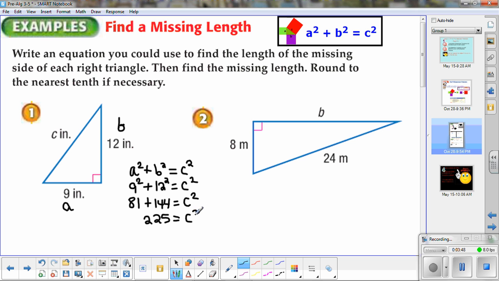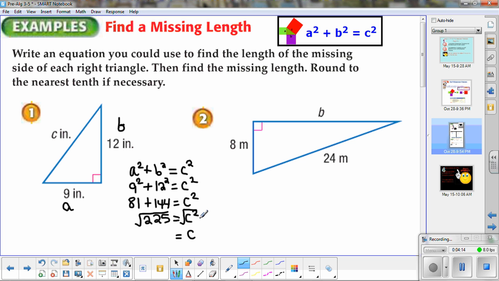Now, if I want to solve this equation for c, we want to undo the squaring. And to undo squaring, you want to take the square root. We're going to take the square root of both sides of the equation. The square root of c squared is just c. And the square root of 225, you want to know what number times itself is 225.